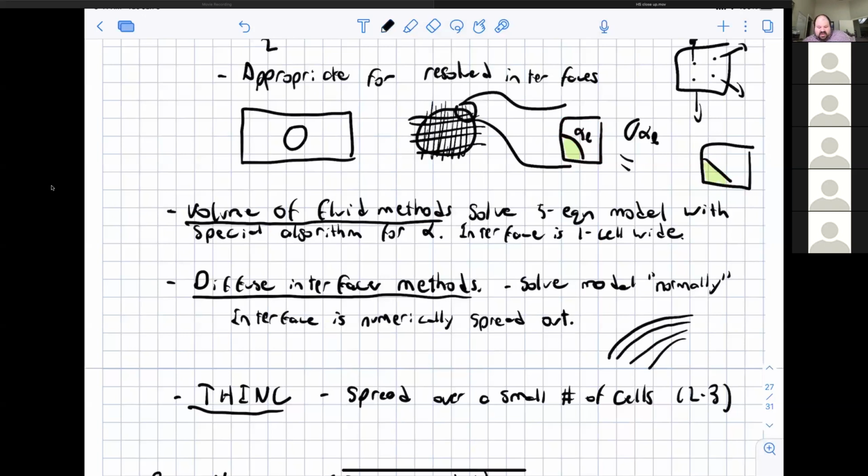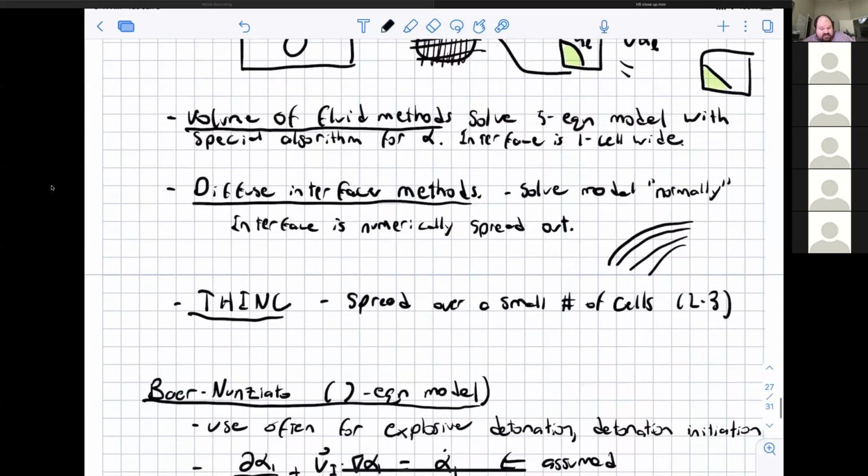And then there is another method, which I'm not going to get into, and we are starting to use quite a bit. It's called Think. It is a compromise between VOF and the diffuse interface methods. It avoids the complexity of the volume of fluid, and you solve it using a diffuse interface style method, but it's a special technique that is defined to spread the interface over a small number of computational cells, say 2 or 3.